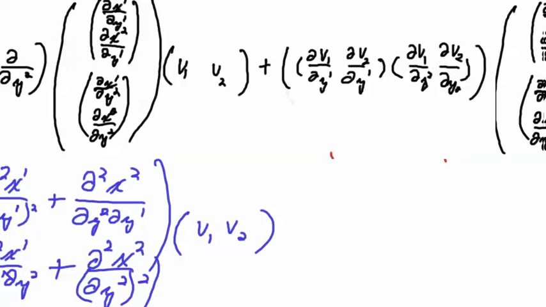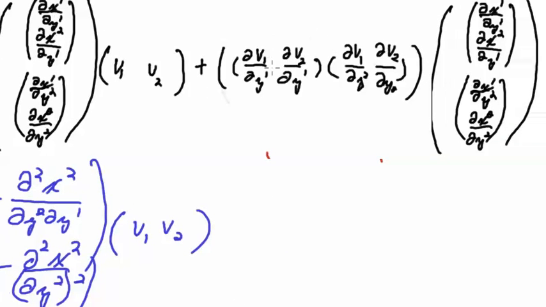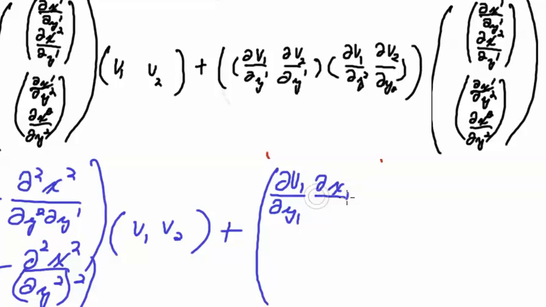Okay, and then I would just add on the multiplication of this, which is going to be del v1 del y1 times del x1 del y1 plus del... you know what?